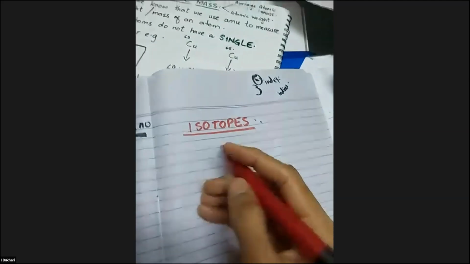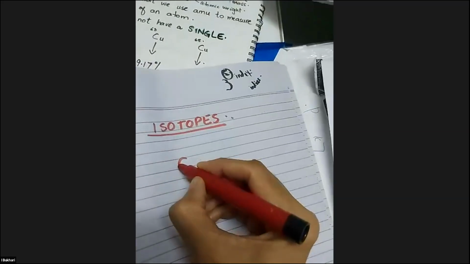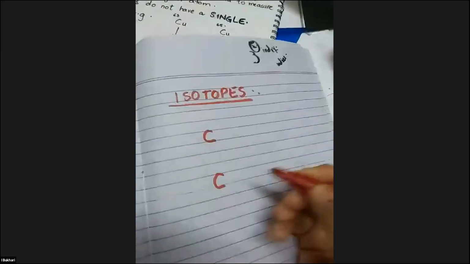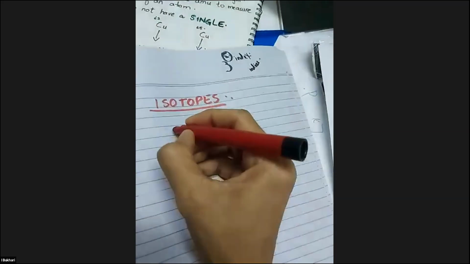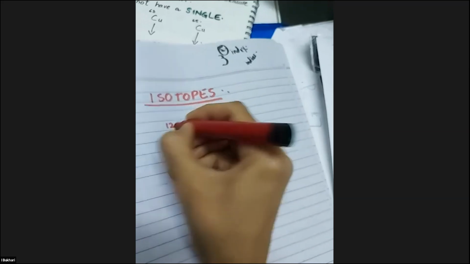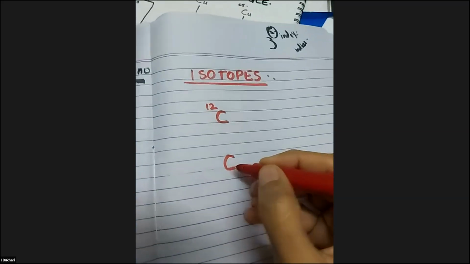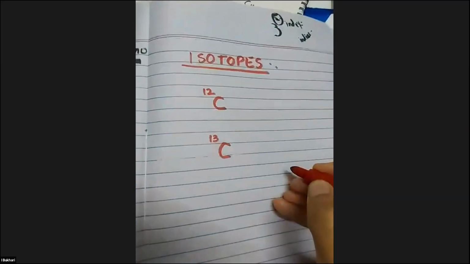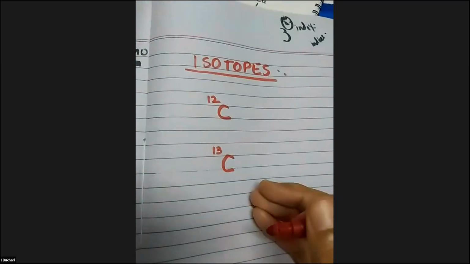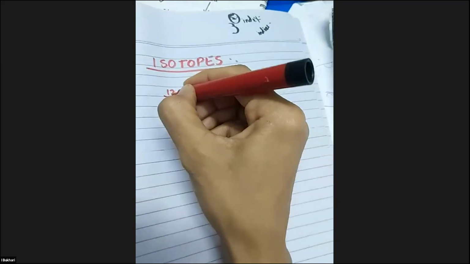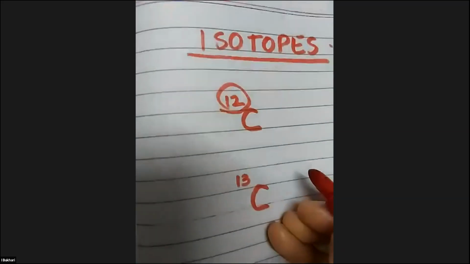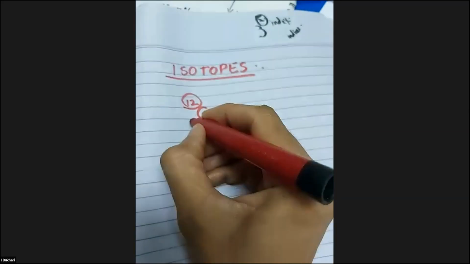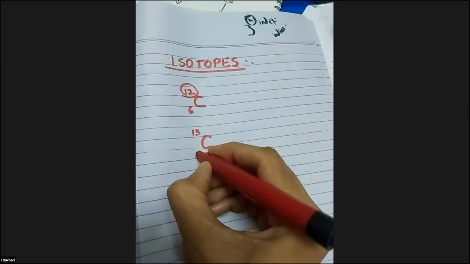Now, we have carbon in two forms. One isotope has a mass of 12. The other isotope has a mass of 13. Let's work this out. By the way, both of them have the same atomic number, which is 6. The atomic number stays the same as long as the atom belongs to the same element.